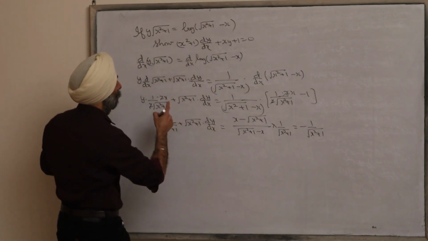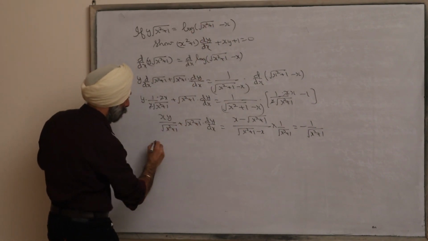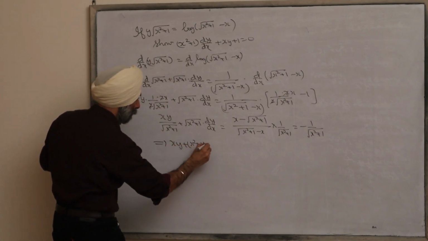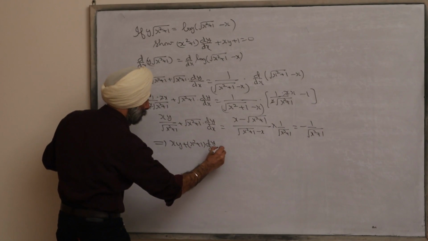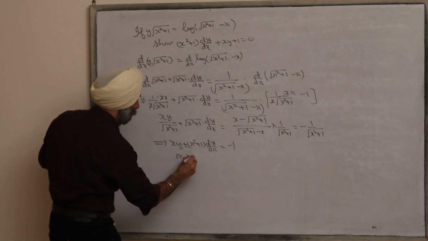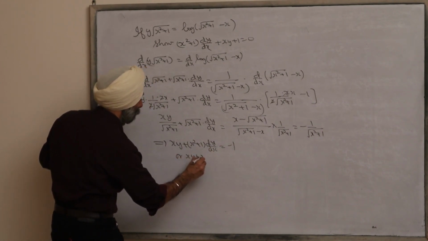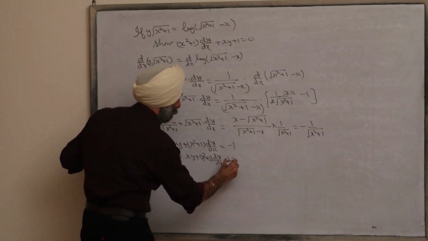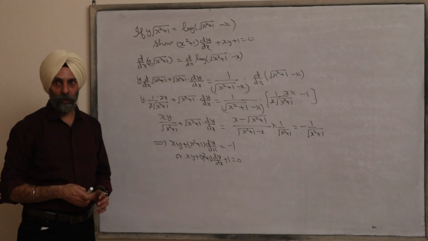So the question was to prove, or this implies xy plus (x² plus 1) into dy over dx is equal to minus 1, or xy plus (x² plus 1) into dy over dx plus 1 is equal to 0 here.